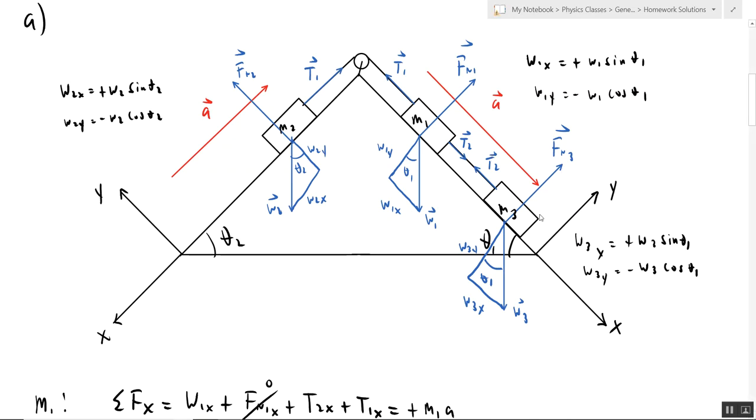Lastly, mass 3 has a normal force and a weight force, same form as W1 and W2 but with a different weight because it's weight 3, and has a tension because it has a rope connected to it. So the tension goes along the rope away from the mass. This is another negative tension in the x direction because it goes up the incline. Anything up, this tension here, this tension here, this tension here is negative in the x direction.